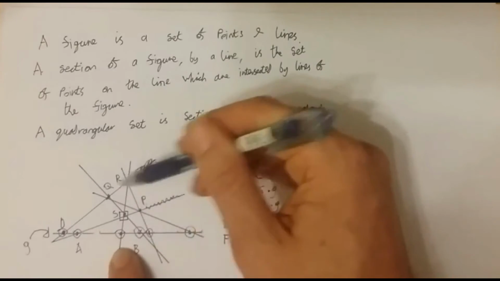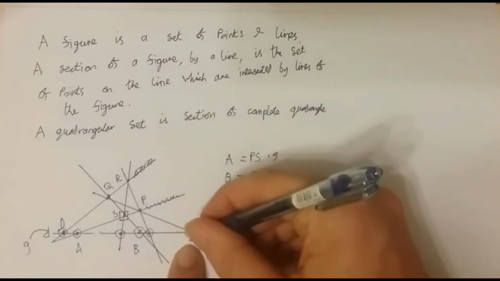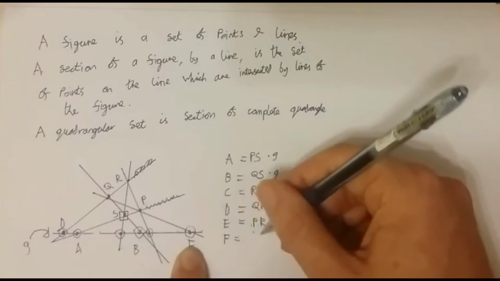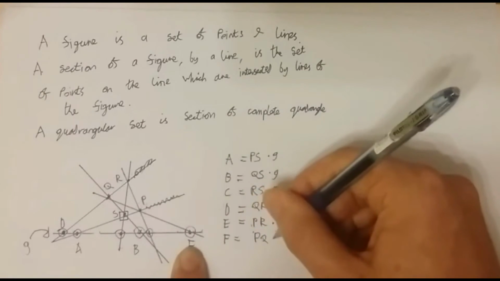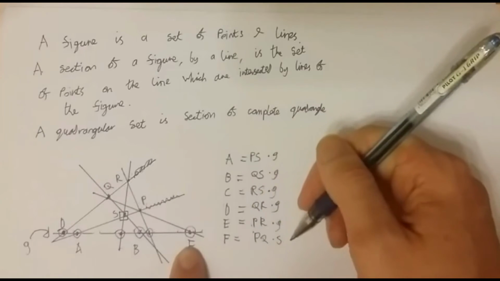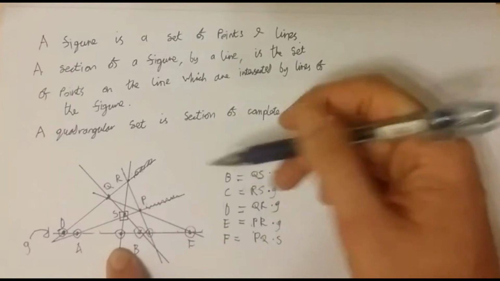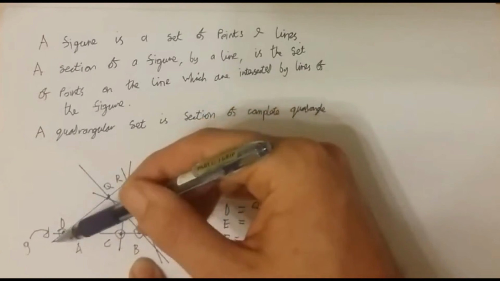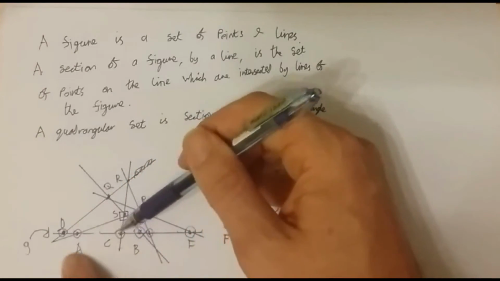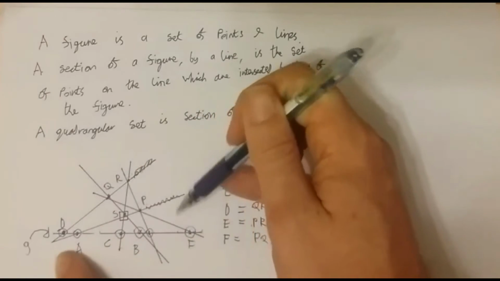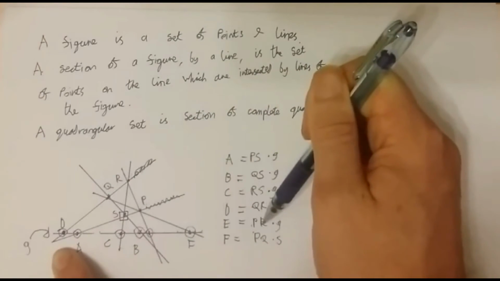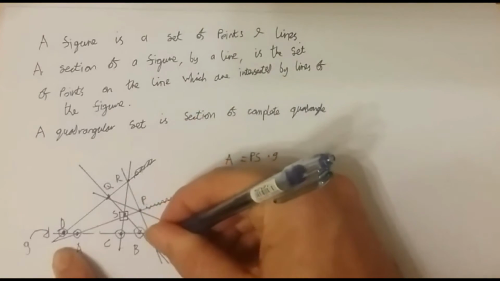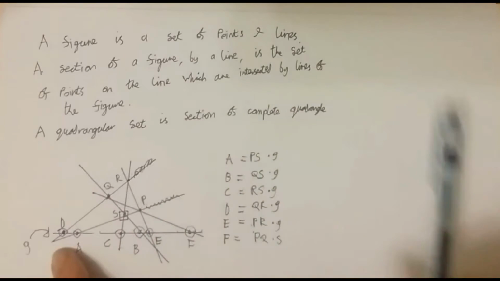RS is here, opposite edge is here, so this would be F, which would be PQ dot G. So have we got them all? A, B, C, D, where's E? E is PR, which is here, okay? So there we have it.